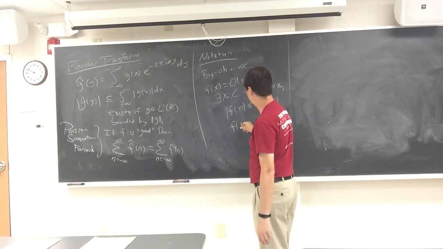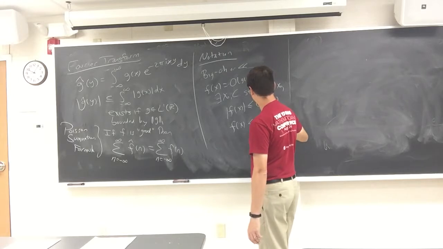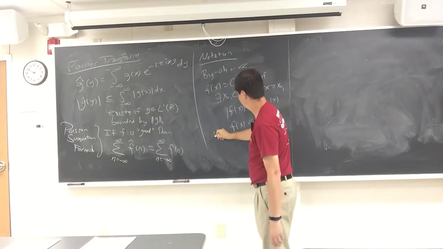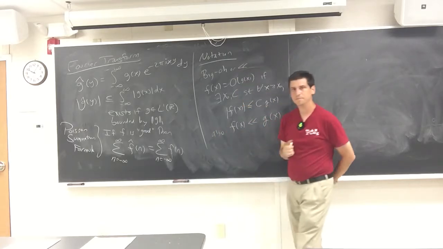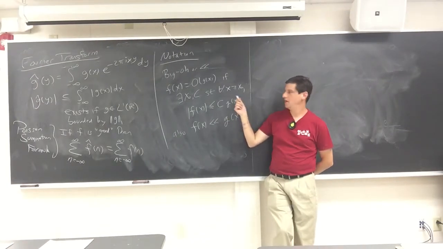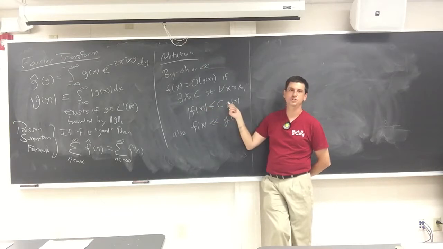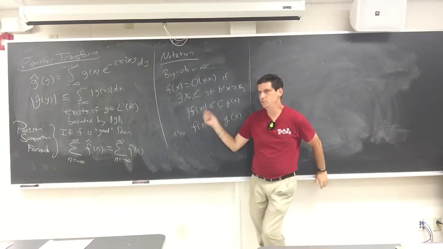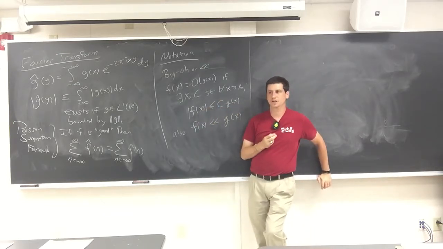And we also write this f of x less than less than g of x. So what this is saying is that from some point onward, the relative size of f and g has to be such that if you multiply g by a constant, you're larger than f.